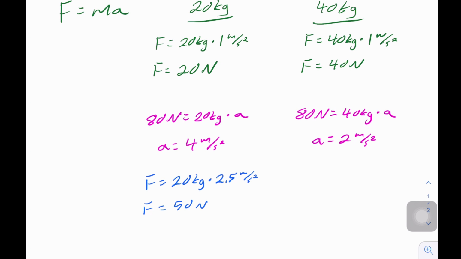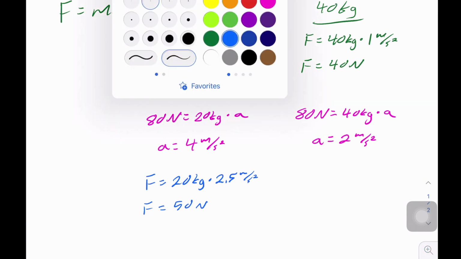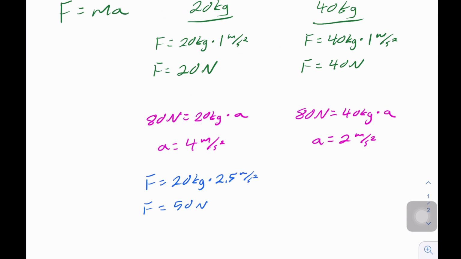For our last one: if you apply 25 newtons of force, how fast will object B accelerate? So we'll go with a different color here for the last one. You are now applying 25 newtons of force, and that is going to be equivalent to our mass times our acceleration.